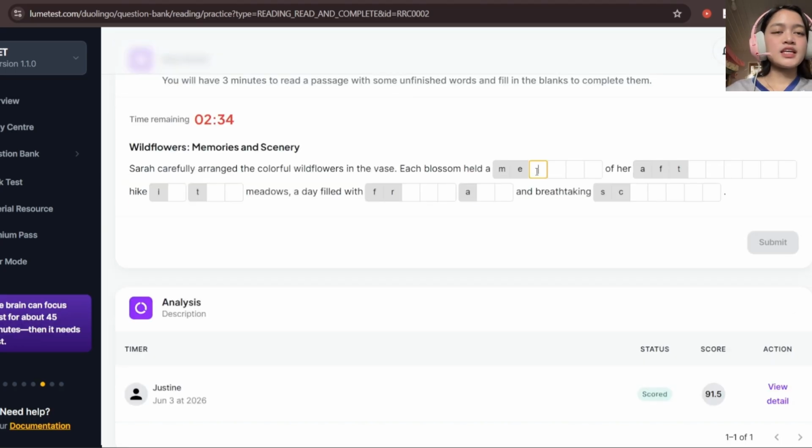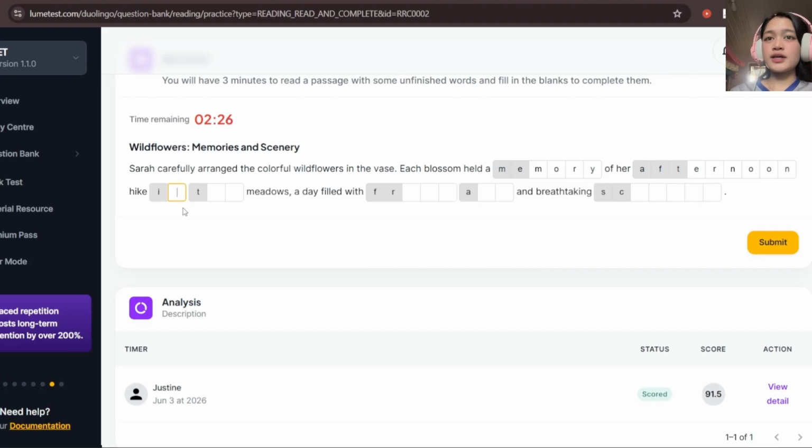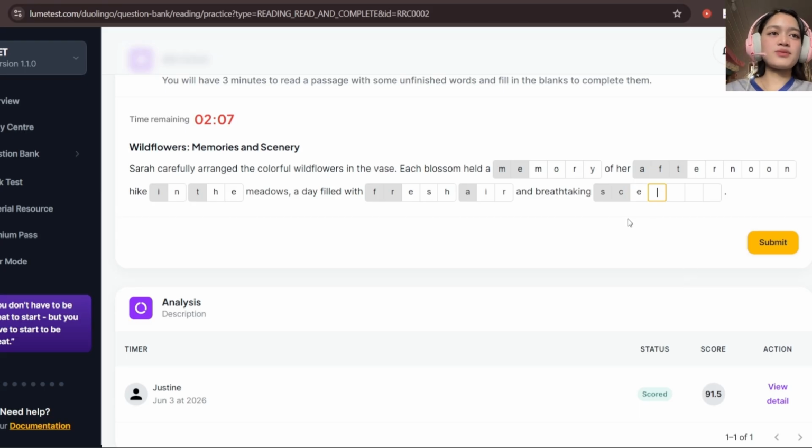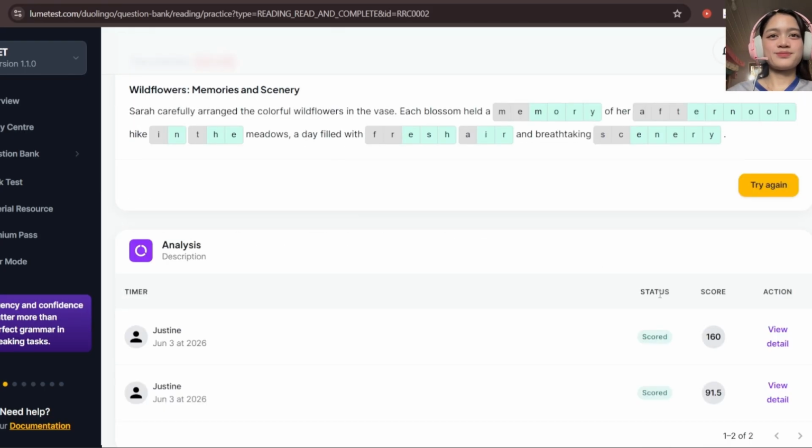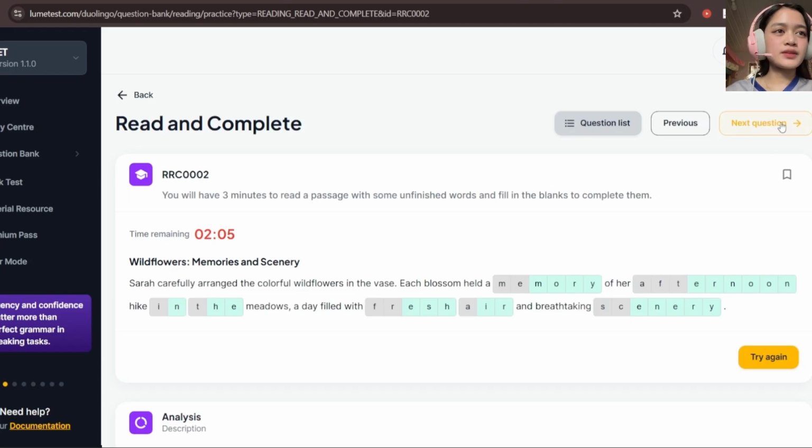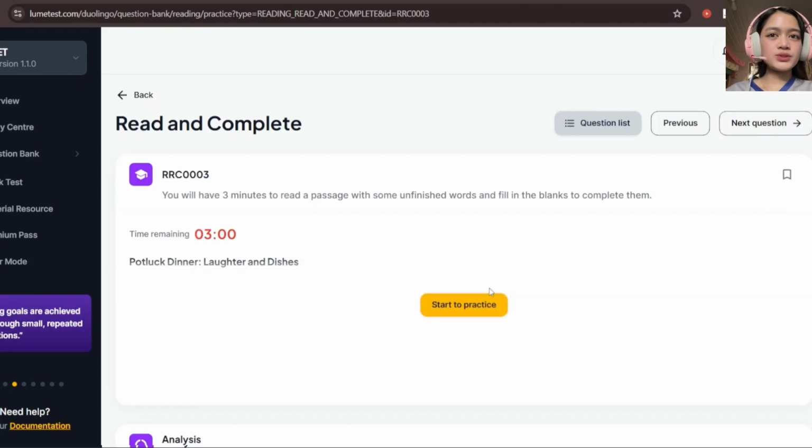So each blossom held a memory of her afternoon hike in the meadows. A day filled with fresh air and breathtaking scenery. Perfect. Next question.